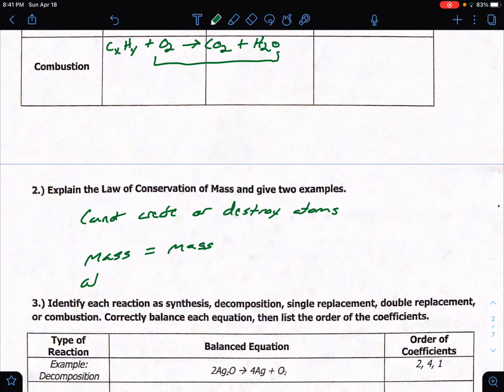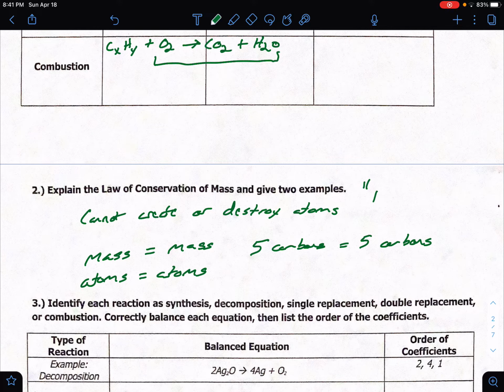Or the atoms you had in the beginning of the reaction better be the atoms you have in the end. So if I had 5 carbons in the beginning of the reaction, I better have 5 carbons in the end, because we can't create carbons and we can't destroy those carbons. That's the main reason why we balance.